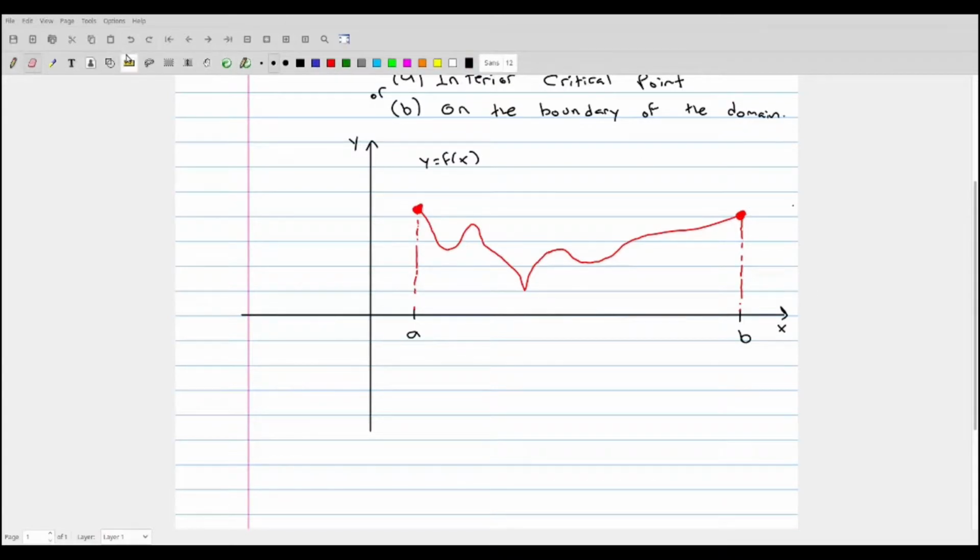You'll notice that the function that we've drawn has a number of different critical points.